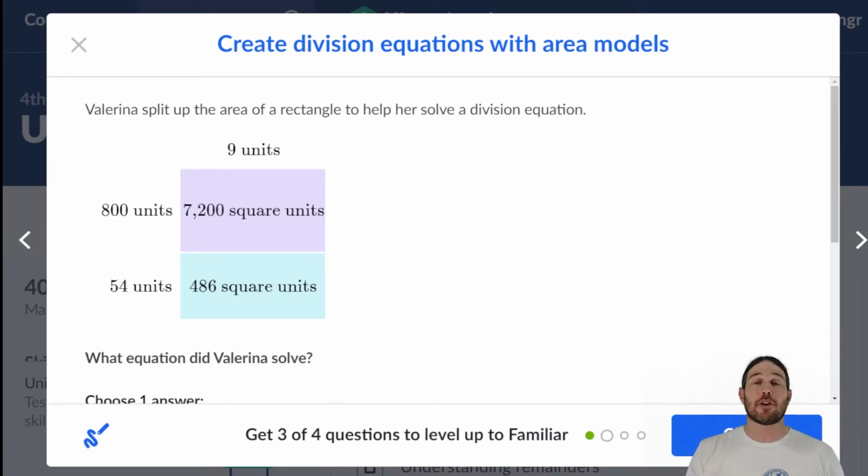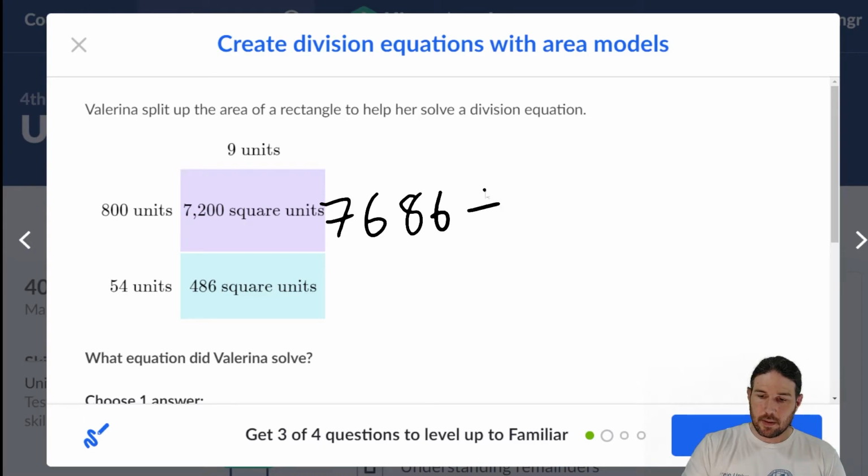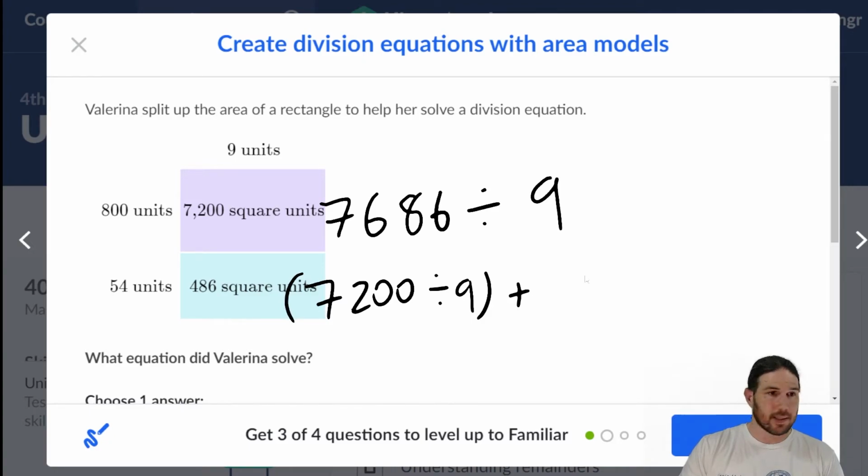But remember that division just means sort of the opposite of multiplication. If I have 7,686 divided by 9, that's the same thing as 7,200 divided by 9 plus 486 divided by 9.